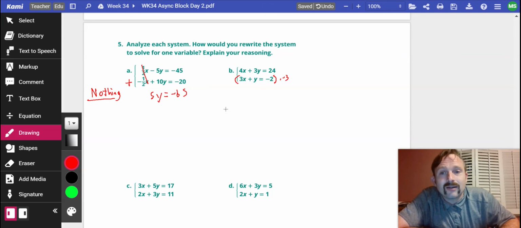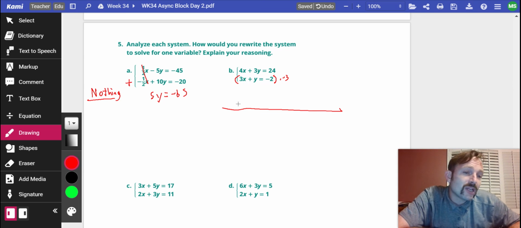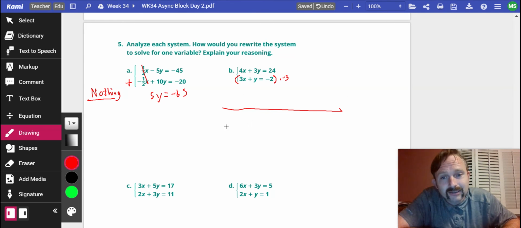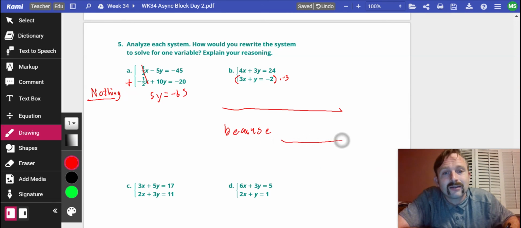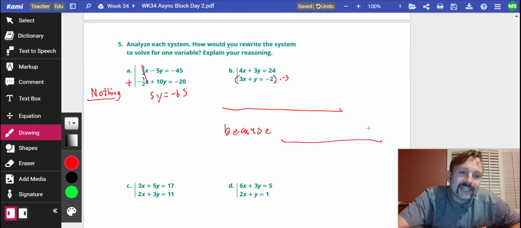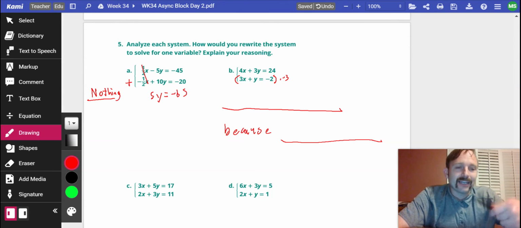So I would write down, I would multiply the second equation by negative 3 because I would figure out the additive inverse of 3y is negative 3y, and y times negative 3 is negative 3y.